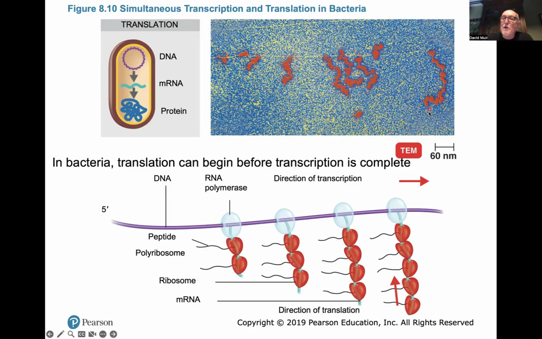It's this strand here, but where on this strand would we look for the longest piece of polypeptide? Over here or over here? The answer is here, because this ribosome is just following along as messenger RNA is being produced. This ribosome has been stuck on here longer than anybody else.